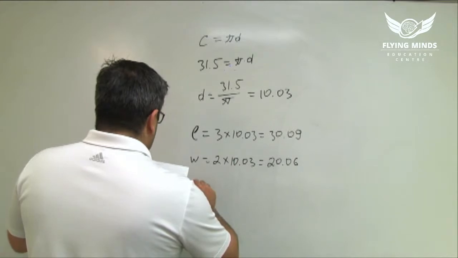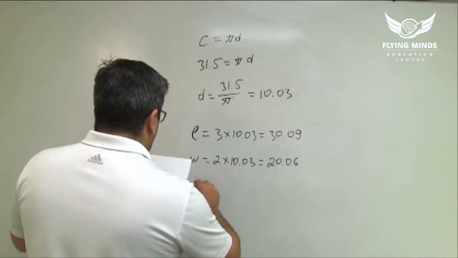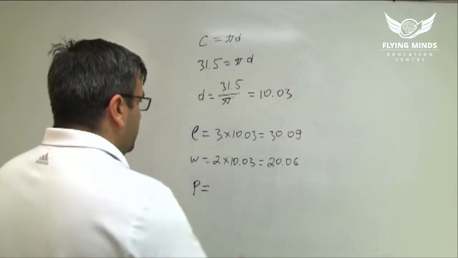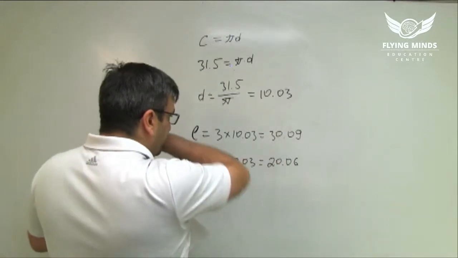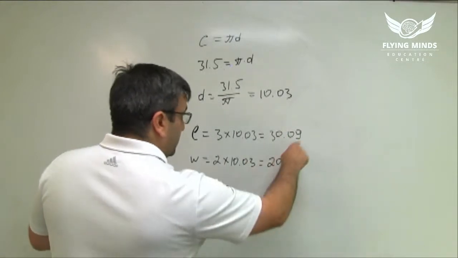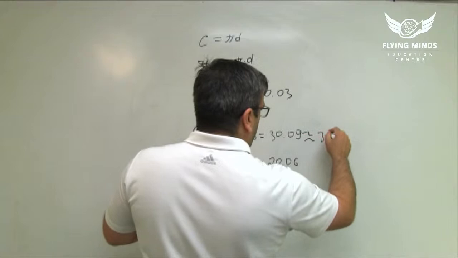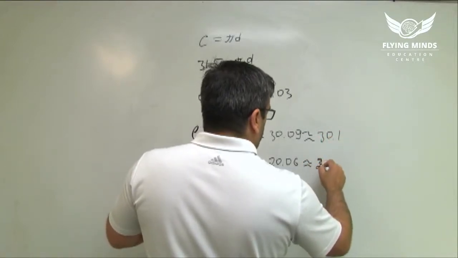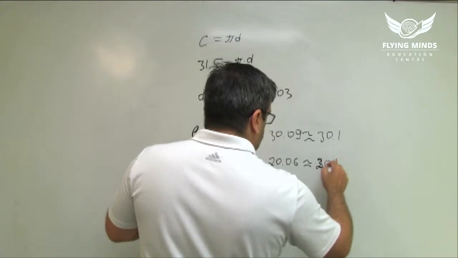So it means that perimeter equals, we can round it to 30.1, and we can round this to 20.1.